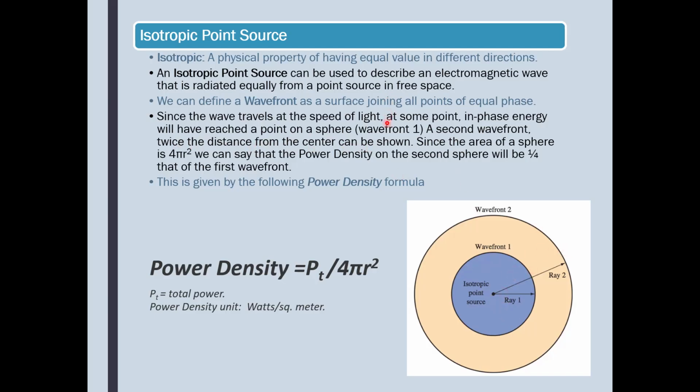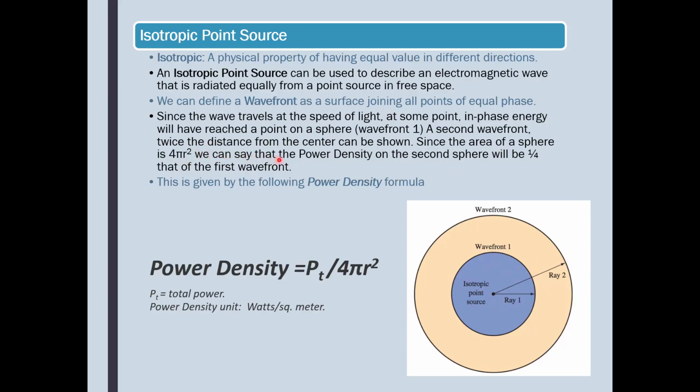So far, so good. Since the area of a sphere is, here's the formula for the area of the sphere. It's 4 pi r squared, okay?